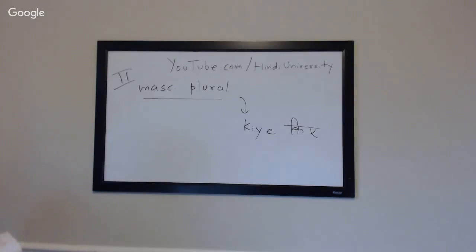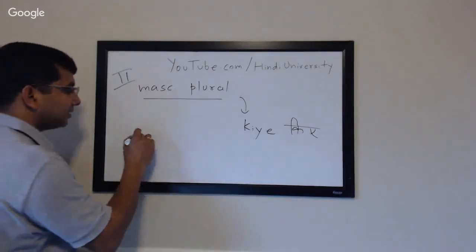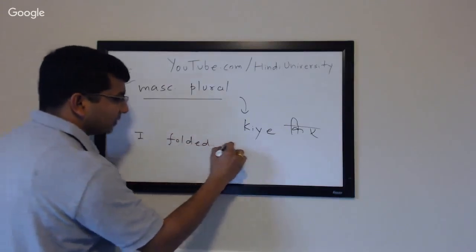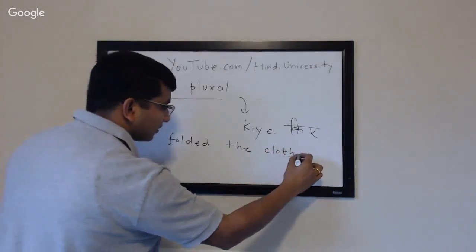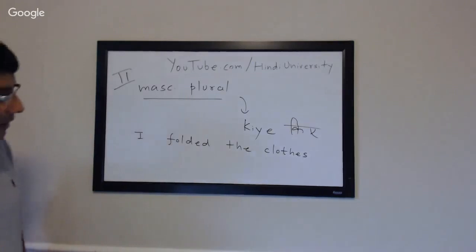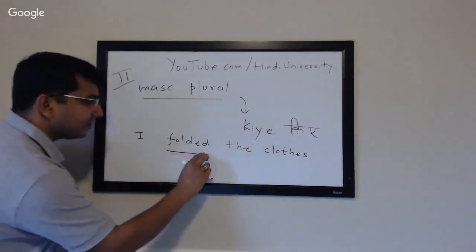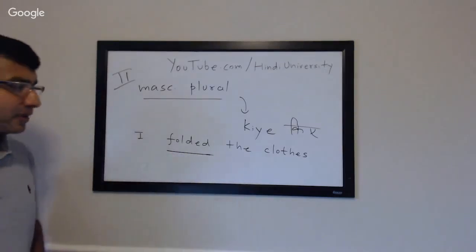Okay, so let's say you want to say that I folded the clothes. So don't worry about the Hindi word. You can simply say fold. As of now, you can use the English word itself.